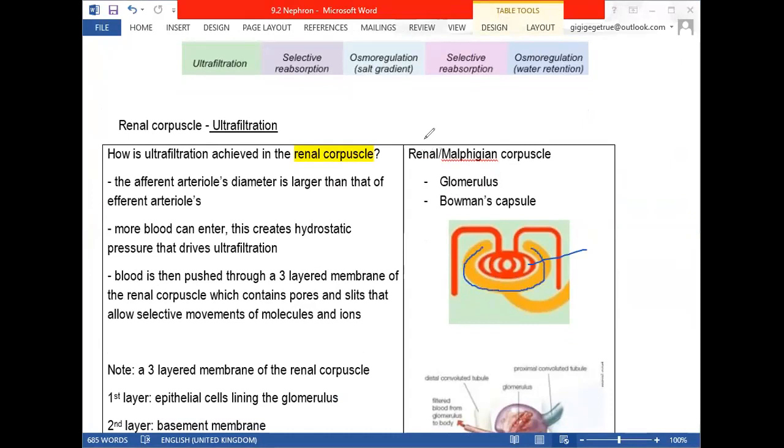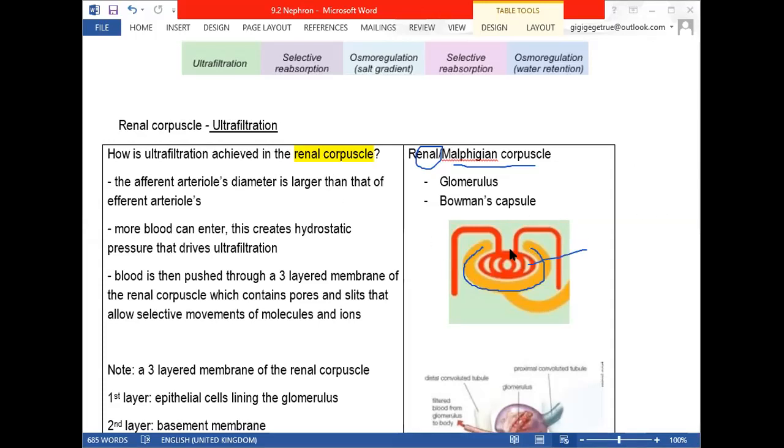They are collectively known as the renal corpuscle or Malpighian corpuscle. Okay, so this structure here, the renal corpuscle, its main function is to carry out ultrafiltration. So how is ultrafiltration carried out?